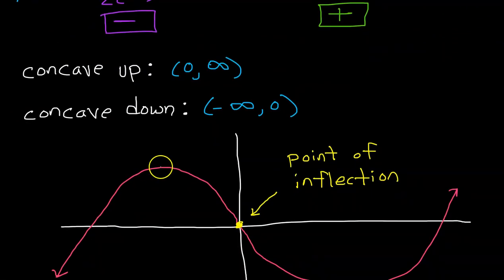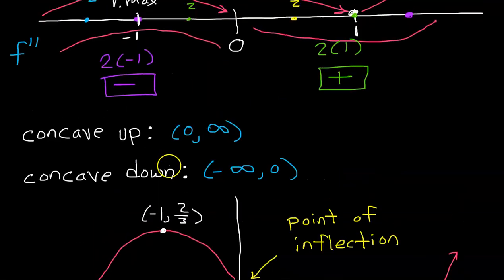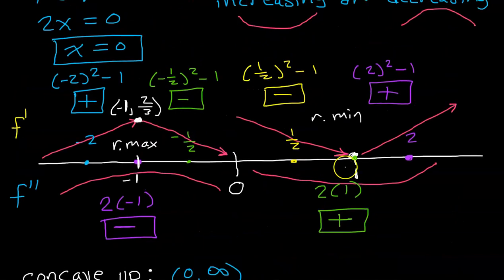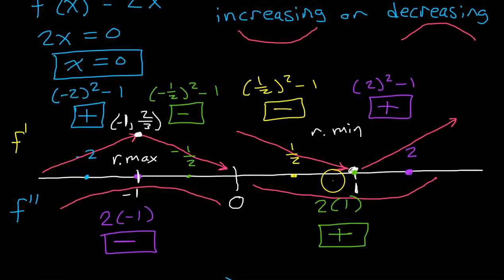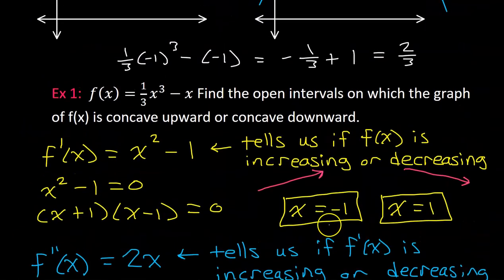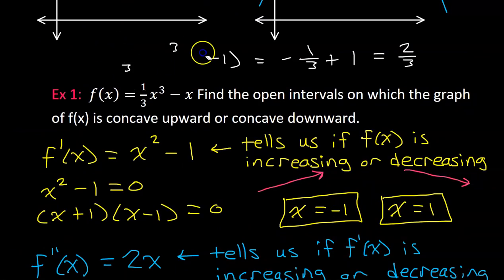Okay, so let's go ahead and include that in the picture. So this relative max right here at -1, 2/3. All right, which means this is -1 right here. And then we have this relative min at +1. So let's do that calculation real quick. Let's find the y value.